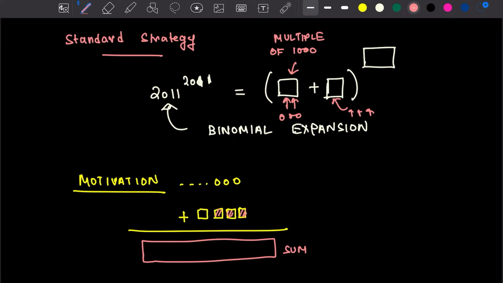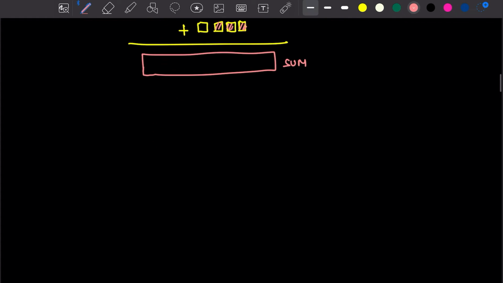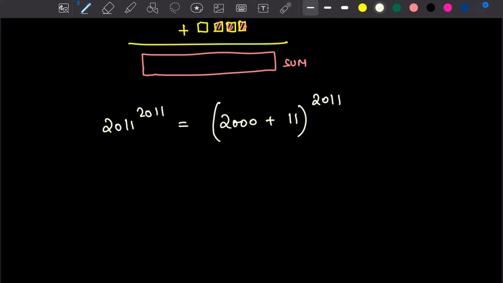So let's see how we can do this. 2011 to the power 2011 is 2000 plus 11 raised to the power 2011. And notice that just as we needed, this one is a multiple of 1000. So anything involving 2000 will have the last three digits as 0.